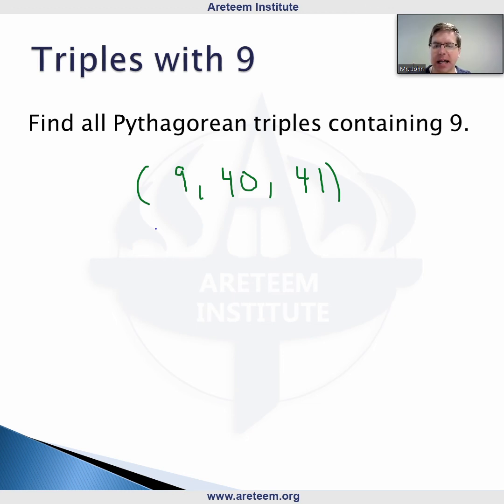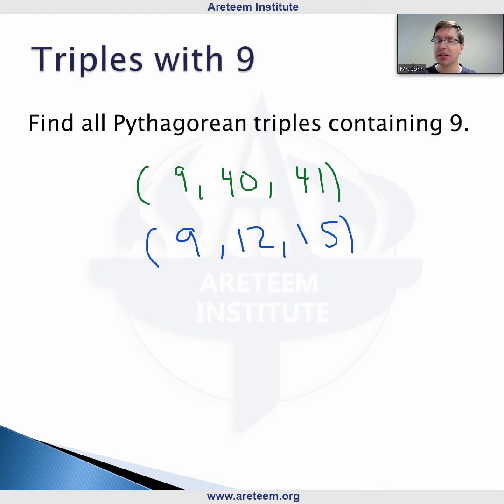There could be many, many triples containing a number in this scenario. But for the Pythagorean triple containing 9, we have one primitive, 9, 40, 41, and one non-primitive, 9, 12, 15, coming from the 3, 4, 5 triple.